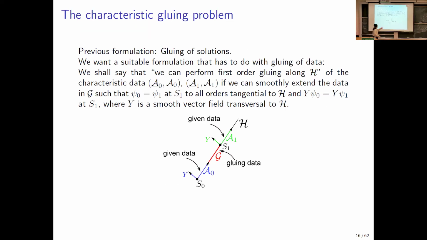And even better, as we said, we forgot about this incoming piece. You can also forget about this whole thing. Instead of having data on a whole portion of an outgoing null hypersurface here and here, just forget about this and stick with S0 and S1. Keep at S0 whatever you have in this direction, and keep at S1 whatever you have in this direction. Okay?